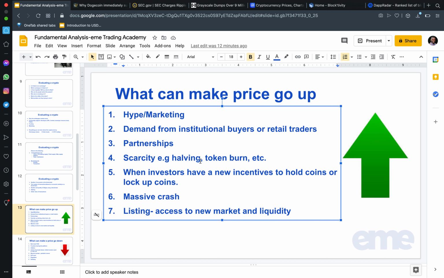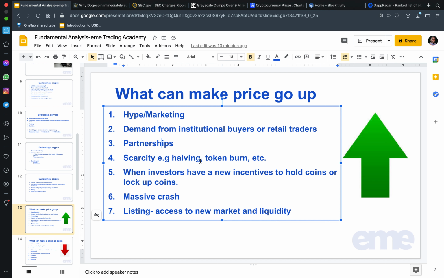It's simple economics. All right, when investors have an incentive to hold coins or lock up coins, the price will go up because you lock up coins or tokens from circulation, and then of course same demand, the scarcity, the price goes up.